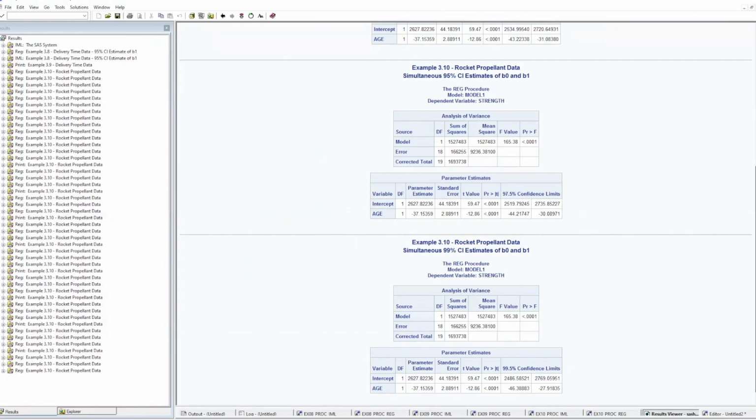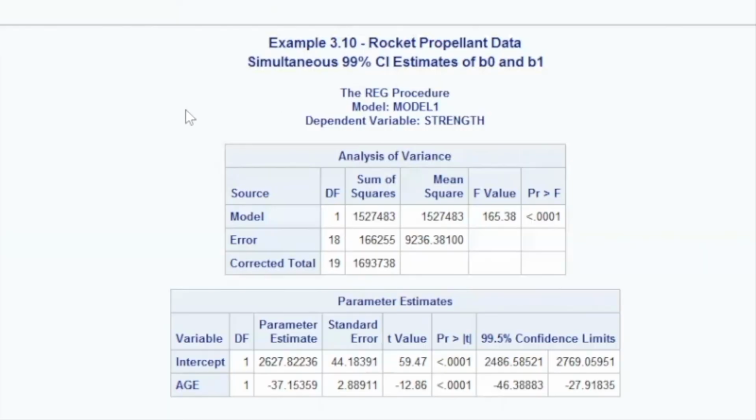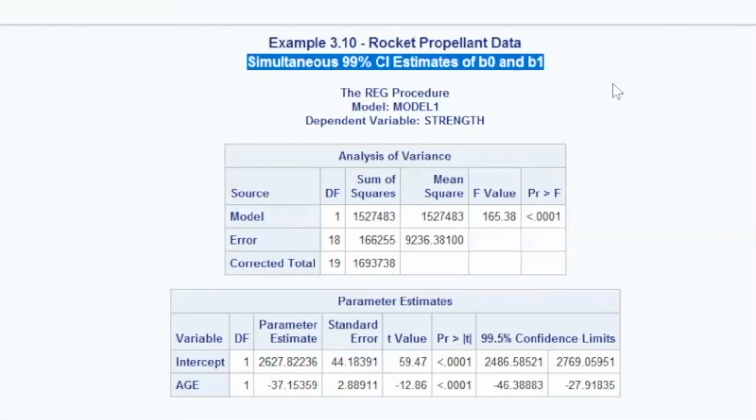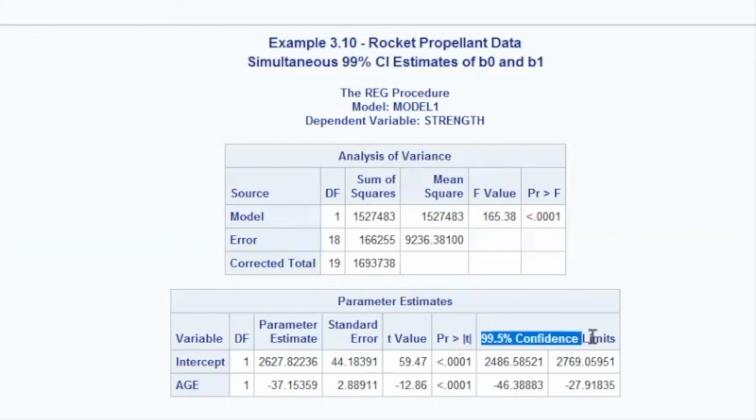And then finally, we have the same kind of result to construct 99% simultaneous confidence intervals. We would need to construct individual intervals, each at the 99.5% confidence level. And so we would say that individually, we are 99.5% confident that beta 0 is between 2486.5852 and 2769.0595.